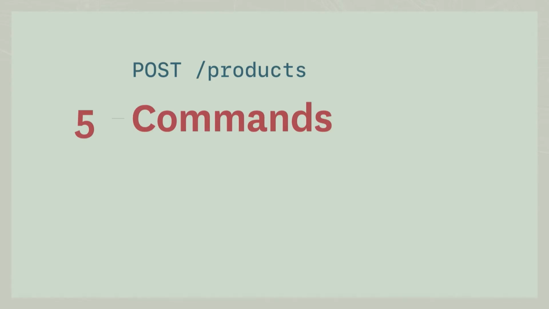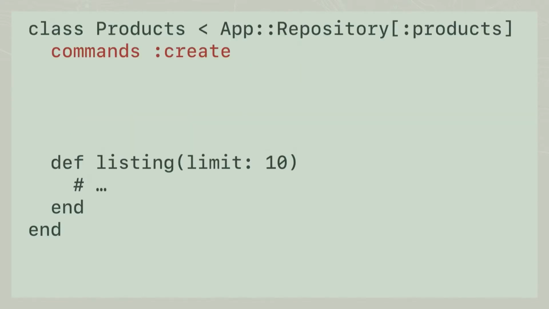And now that we have some valid data, let's look again at how we create a record with it. We're calling a create command on our products repository. And again, we're heading into the persistence layer of our app through the repository. Defining a create command on a repository is pretty simple within the structure we already have in place.